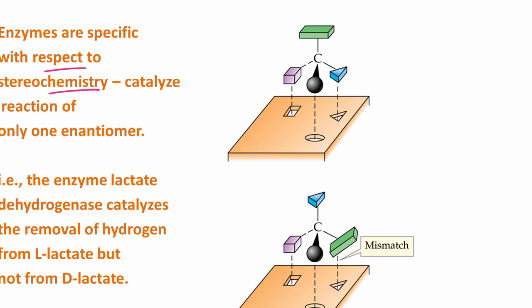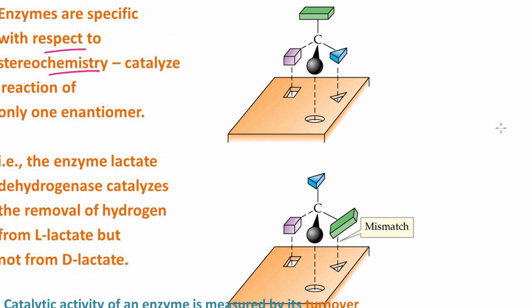So for example, this figure here is a representation of the enzyme lactate dehydrogenase. And what this enzyme does is catalyze the removal of a hydrogen from L-lactate.